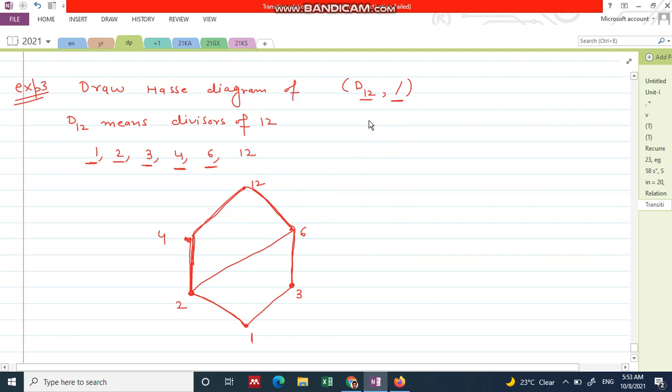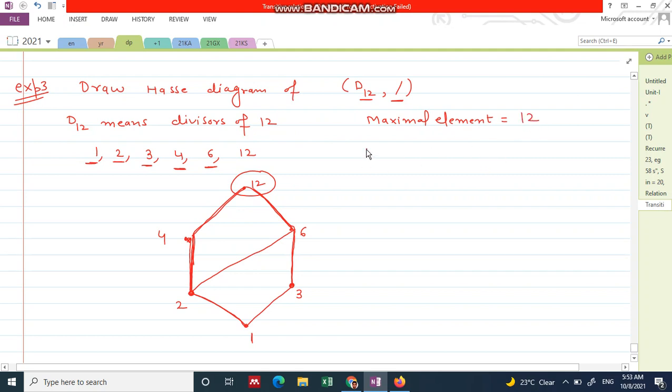Now we want to find the maximal element. So what is the maximal element? I told you that the maximal element is always found at the top of the Hasse diagram. And this is that element which is not further in a relation with any other element. So the maximal element here is 12.